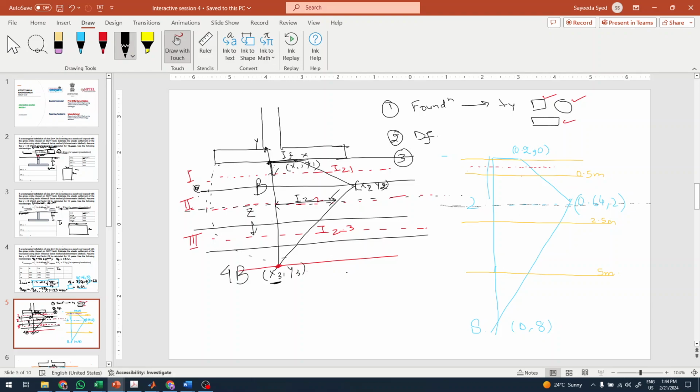So we will have z values at 0.25, because this is 2 meter.